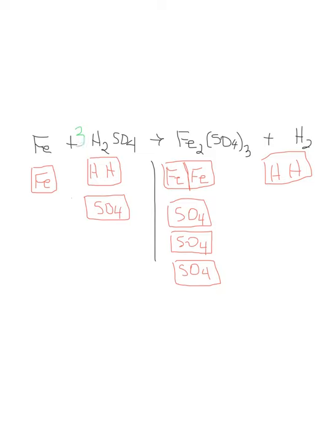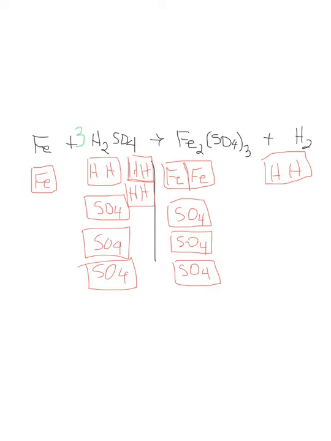So now I've just added basically 2 more sulfates, and I don't need to count them out. I already know if I'm keeping them all together, right, that I have 3 of them. But I also added 3 of these hydrogen pairs. So I added another pair of hydrogens, actually 2 more pair. All right.